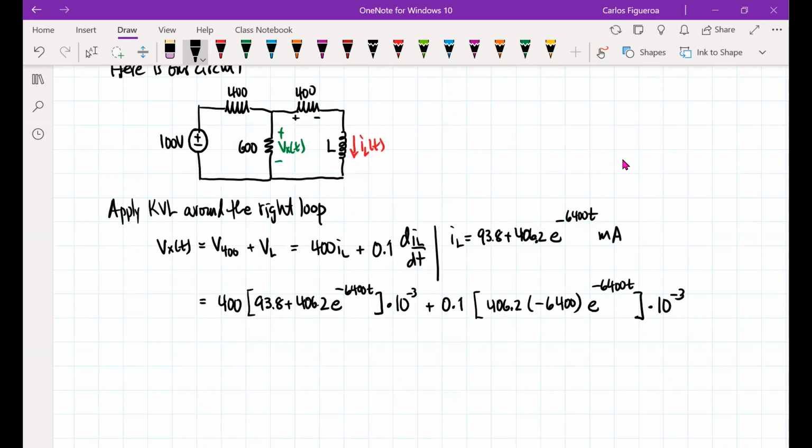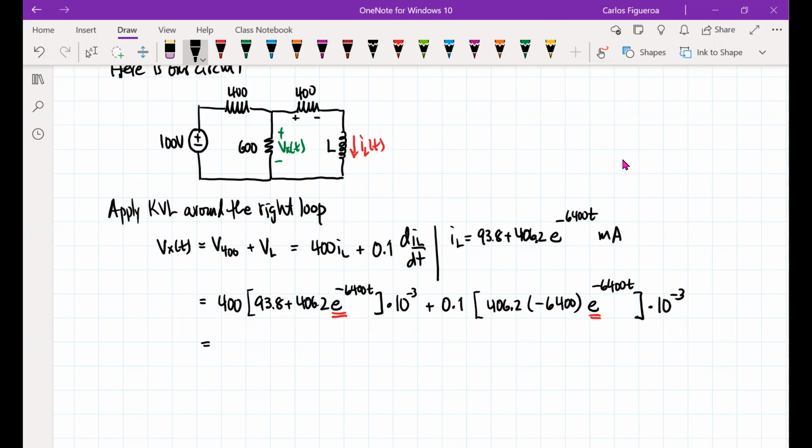When the dust settles, I'm going to collect the two exponential terms. If you look at all of the numbers, it's going to look something like this. There is some difference between the numbers, so maybe I should write them out. This first term is going to give me what?